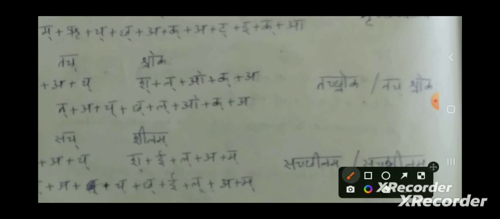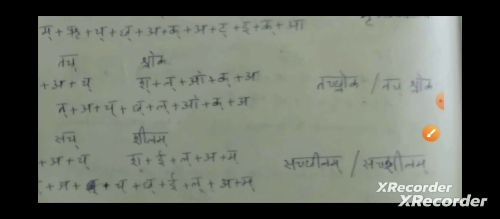So this is with Sandhi. Here only Shakara is replaced by Chakara and the rest of the letters remain as they are. If we don't apply Sandhi, then the letters remain as they are. This one, see, Sach Sheelam. These are the two forms of this word.